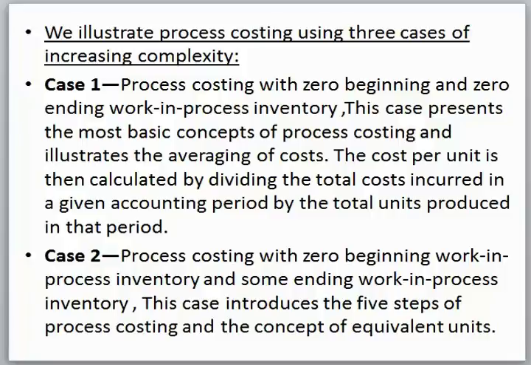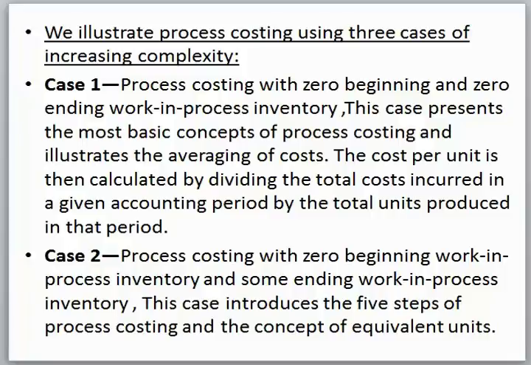So we will illustrate the process costing using three cases of increasing complexity. The first case, which is the basic or easiest one, is process costing with zero beginning and zero ending work in process inventory.